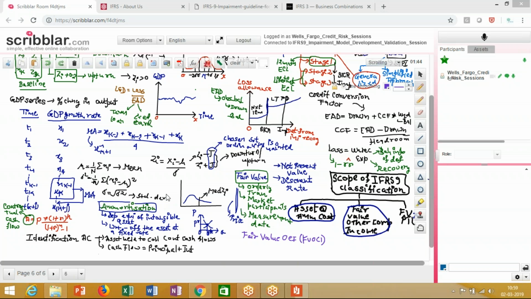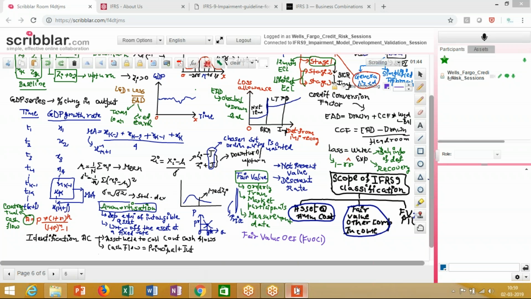So that asset, which is held for collecting cash flows and satisfies the SPPI criteria, is identified at amortized cost, and impairment on that asset under IFRS 9 is to be assessed using the generalized approach. So that's what we said.